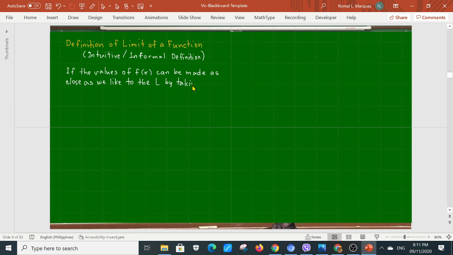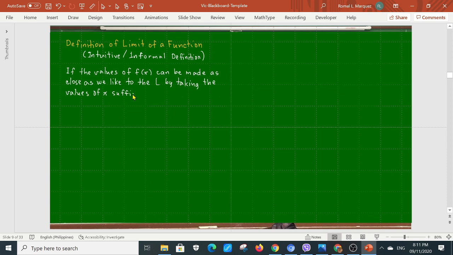How are we going to make the function values close and closer to L? By taking the values of x. So in order for f of x to be close and closer to the number L, you have to make the values of x sufficiently close to a.